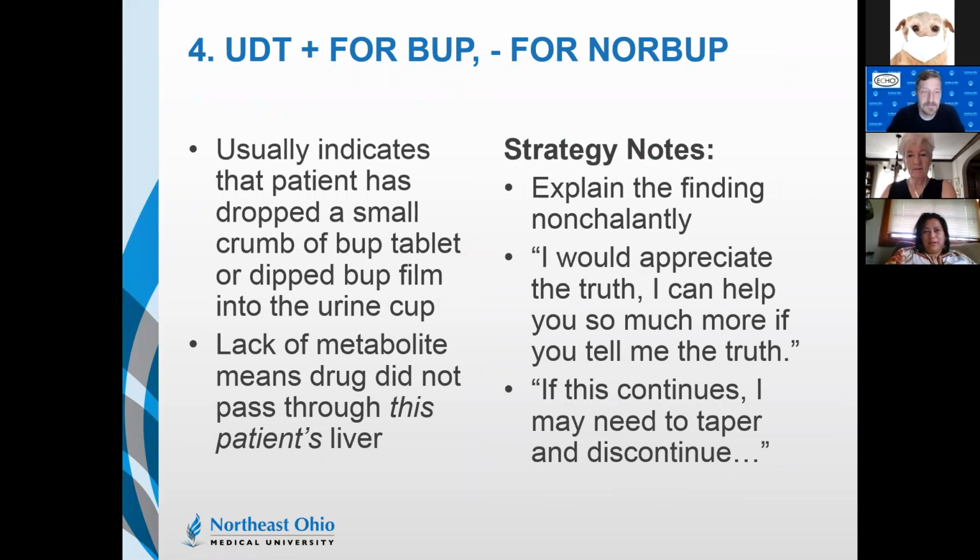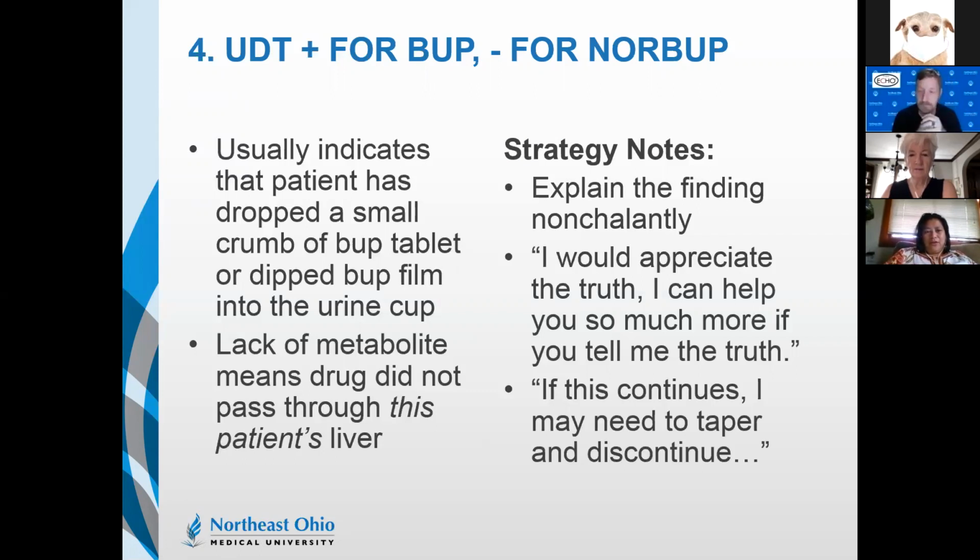Now let's go into some of the scenarios where we're talking about specific substances. In my business, one of the clearest pieces of evidence that a person is not taking their medicine the way they're supposed to is if I get a urine drug test that is positive for the buprenorphine, but negative for the metabolite.